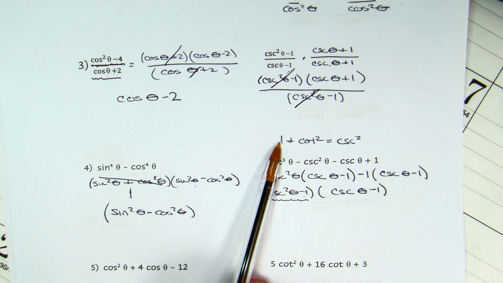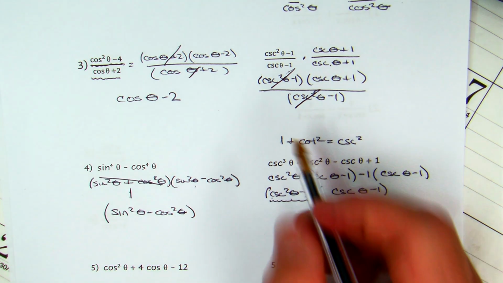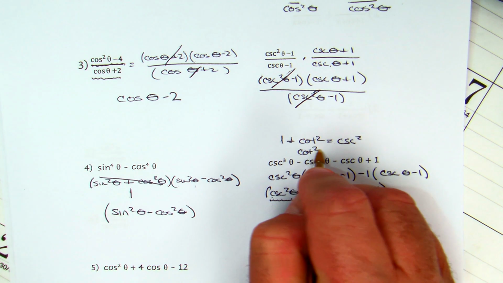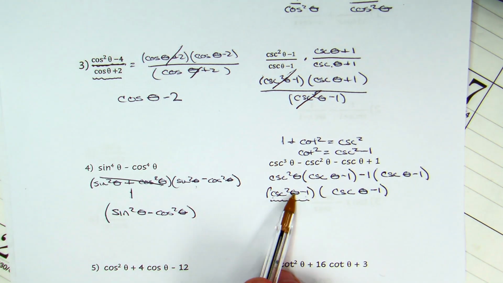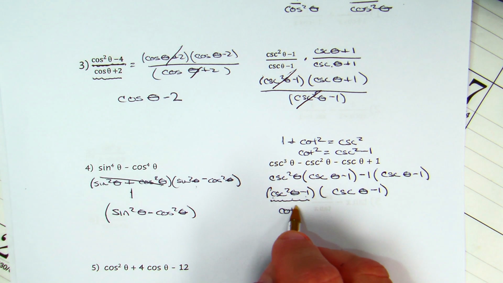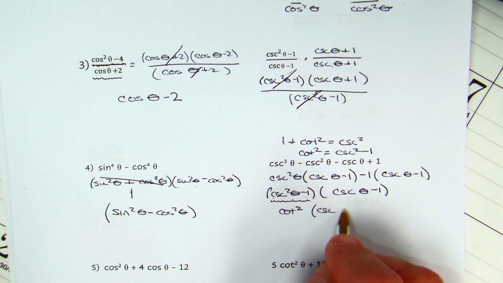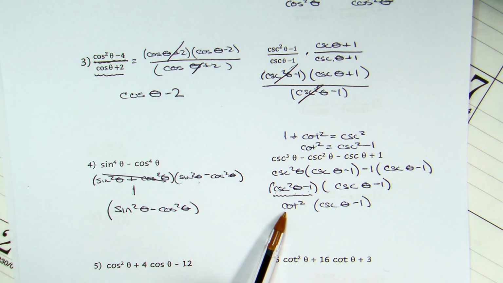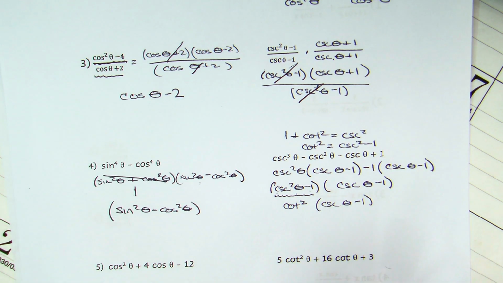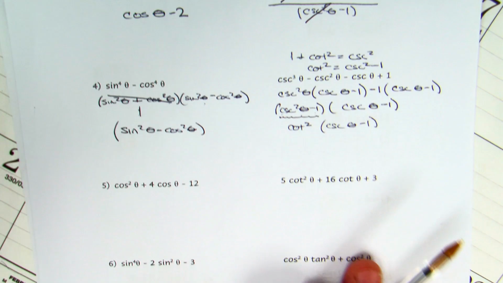To do that, I'm going to take that positive 1, move it to the other side. So that's going to give me cotangent squared equals cosecant squared minus 1, which allows me to replace that with cotangent squared, and then cosecant theta minus 1. Again, this would be cosine over sine. This would be 1 over sine. Nothing's going to cancel out, so you can walk away a better person for it.